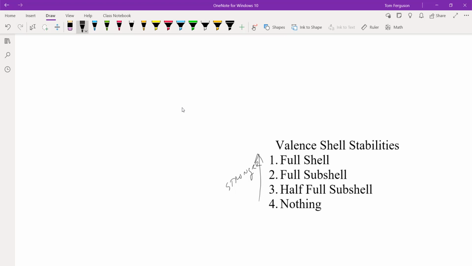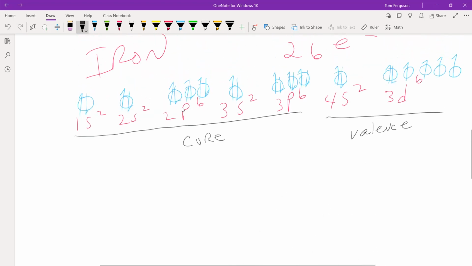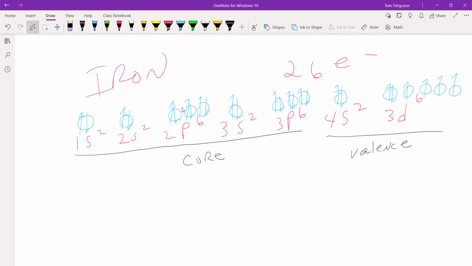So let's look at iron now. Okay, iron is not a full shell because the 4 P's are still empty. And we also have some D's that are only half full. So it's definitely not number 1. Is it number 2? And we're not considering the core electrons, only the valence. Remember, that's what determines chemistry.